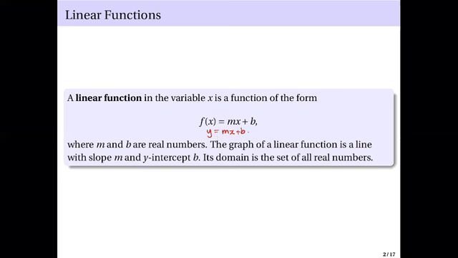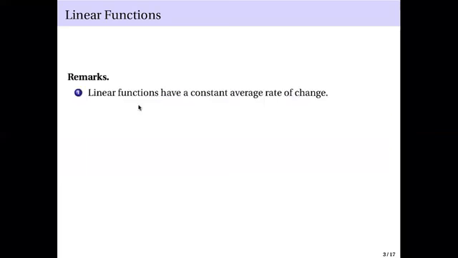Now, here are some properties. Linear functions have constant average rate of change. We've seen that if you have the line y equals mx plus b, the slope is actually the average rate of change, and it is constant for lines. The slope does not change.